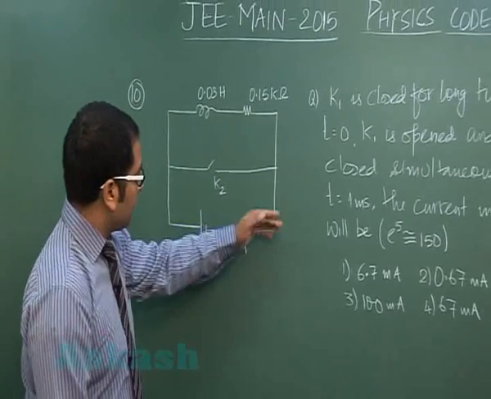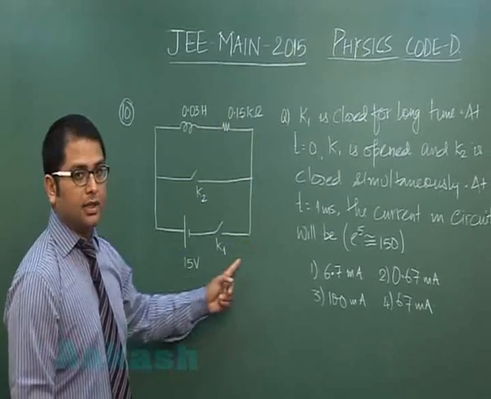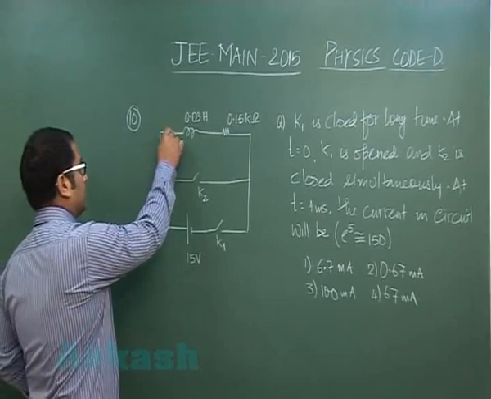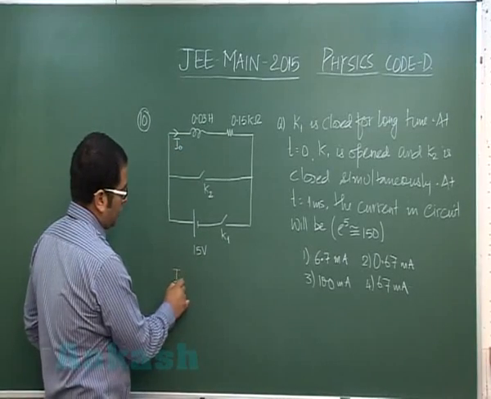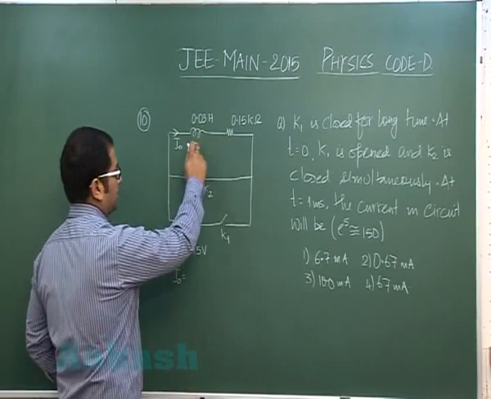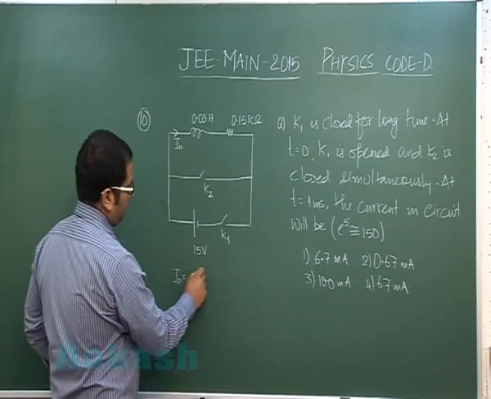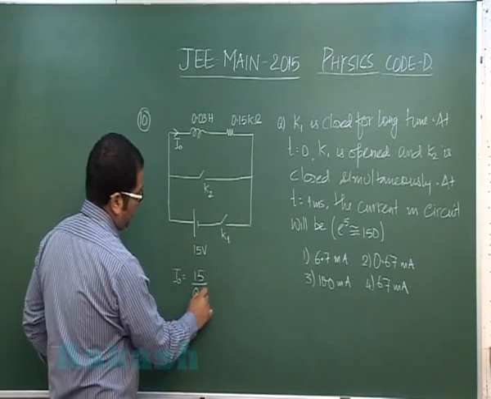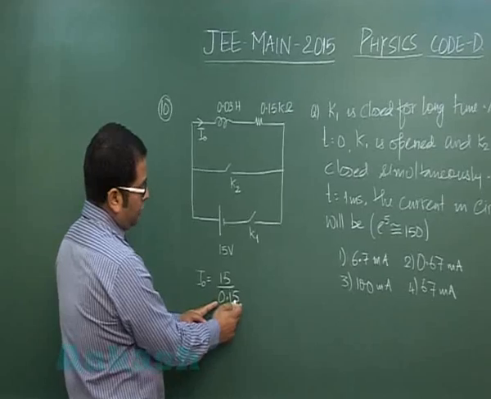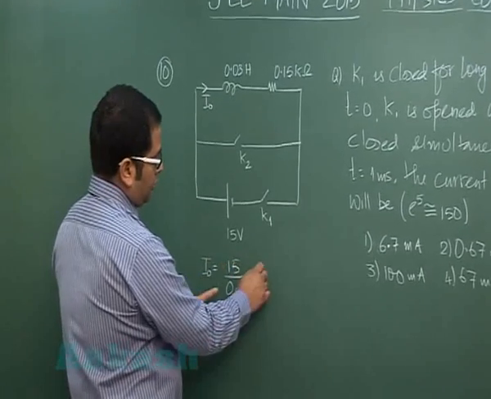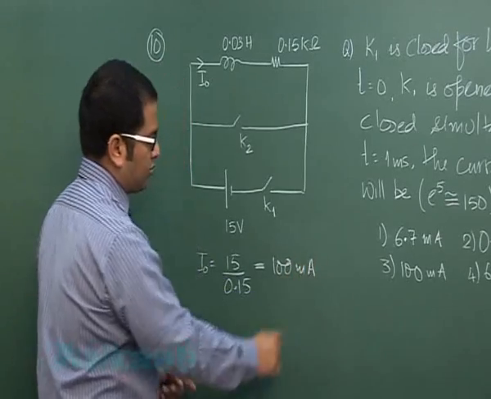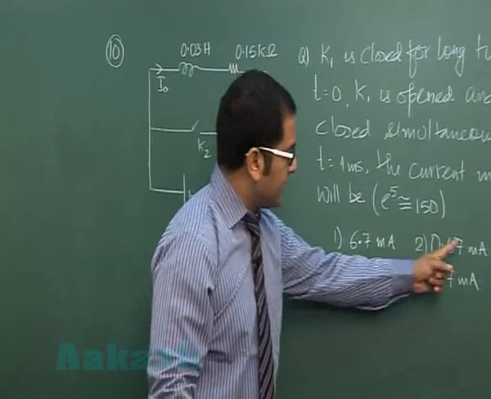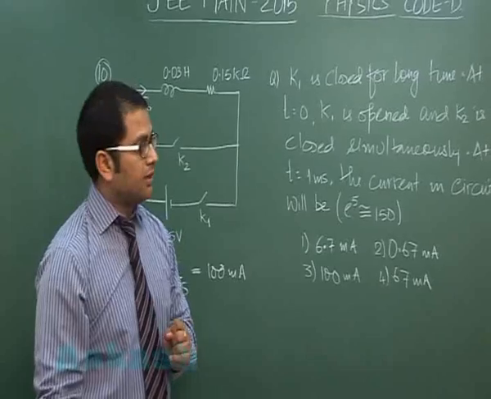So initially, when K1 is closed for a long time, the current through the inductor, if I denote it by I naught, would be E by R since it's shorted. So that's 15 by 0.15, this is in kilo, this is in volt. So the total current would come out to be 100 milliampere. I'm doing it this way because I can see that the options are in milliampere itself.